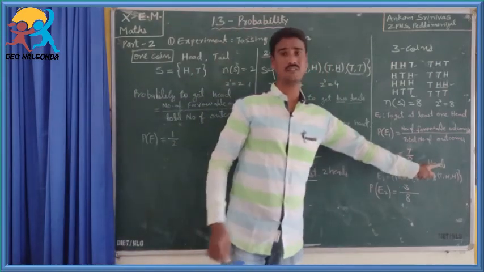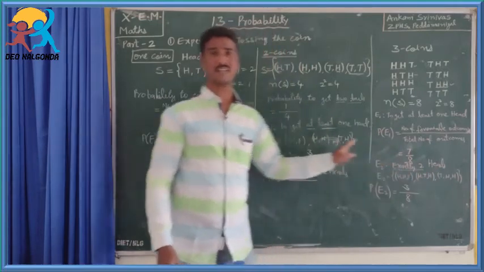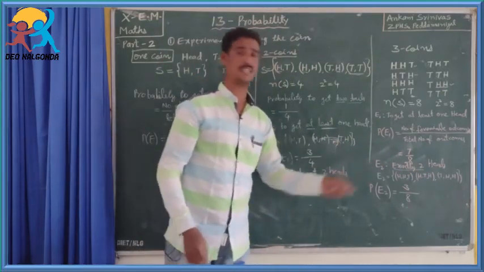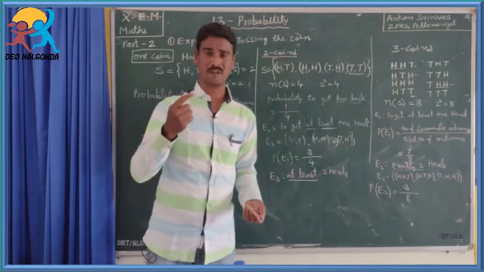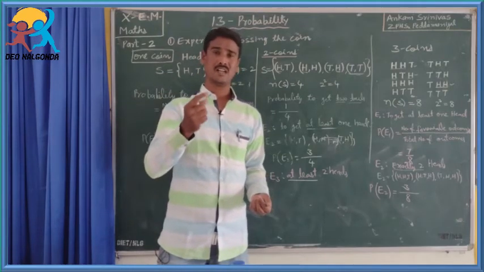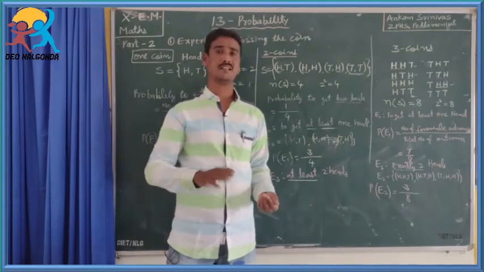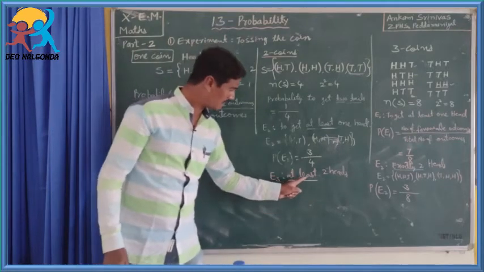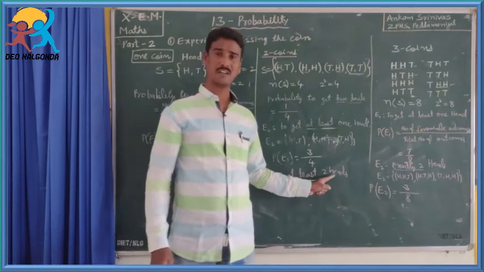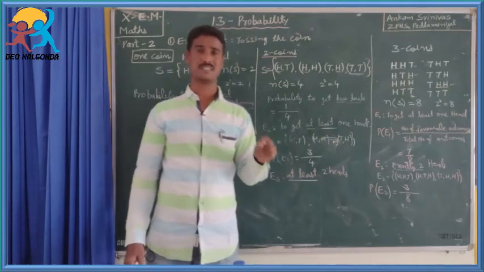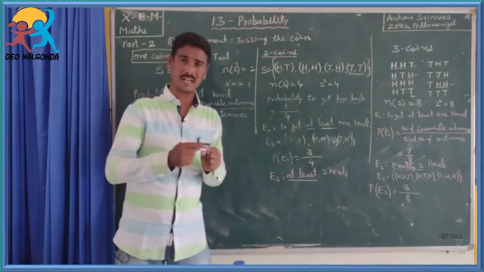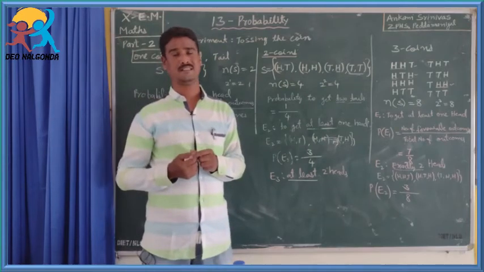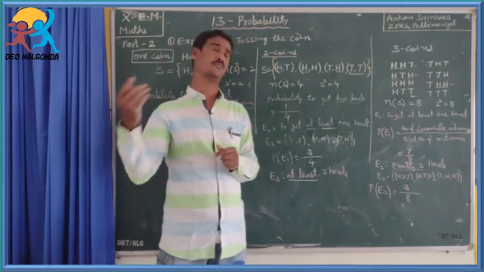Exactly two heads means never take favorable outcomes with less than two heads or more than two heads. In this case, at least two heads means you have to take the favorable outcomes such that there are two heads or more than two heads.